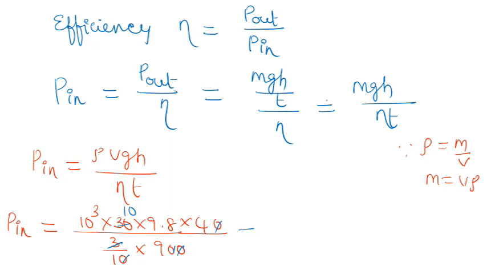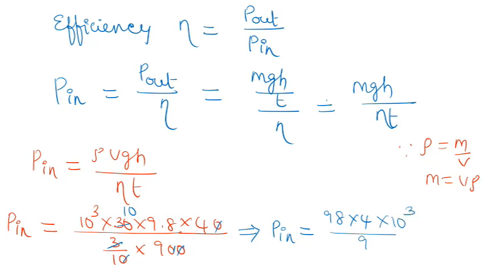Power is equal to here 9.8 can be written as 98 by 10, 10 cancel. So 98 into 10^3, 98 into 4, by 9 into 10^3.